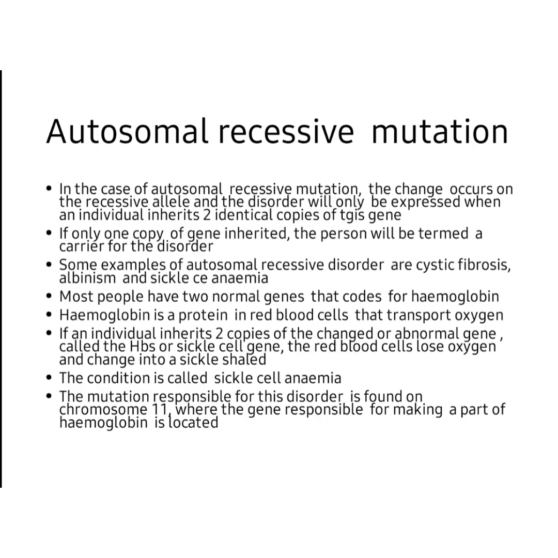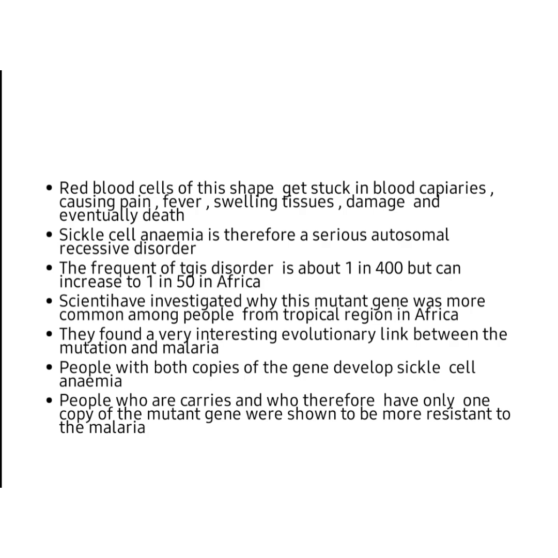So a person with sickle cell anemia will suffer from shortage of oxygen in the body. Red blood cells of this shape get stuck in blood capillaries, causing pain, fever, swelling, tissue damage, and eventually death.